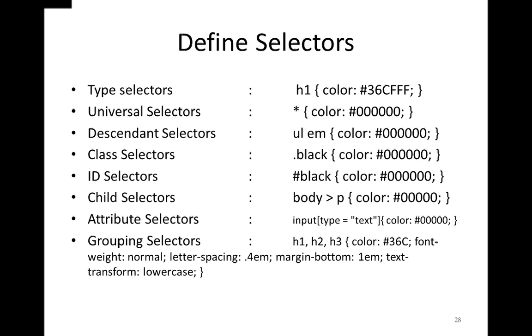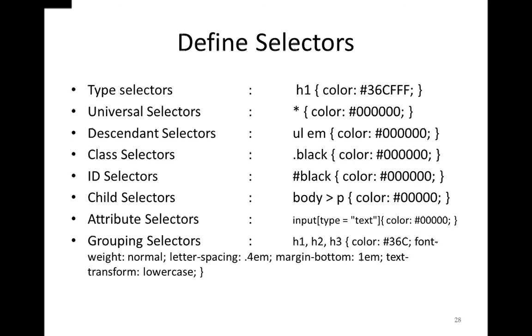Based on the class name, we can say this style rule will apply to this category of markup tags. And of course, ID is a very general attribute. You can use this ID attribute for any HTML element, and you can make use of that ID to apply the styles.